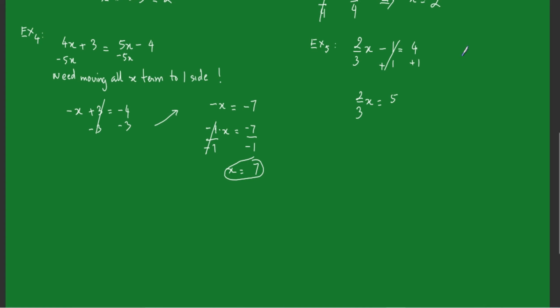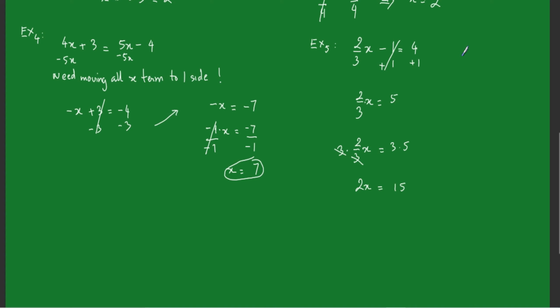Because this is like multiplication, you can divide both sides by 2 over 3, or you can get rid of the number 3 first. I'm going to get rid of the number 3 by multiplying both sides by 3. Then the 3 cancels, so what you have left is 2x equal to 15.